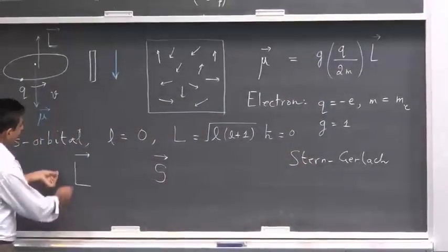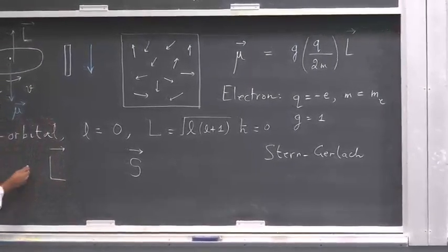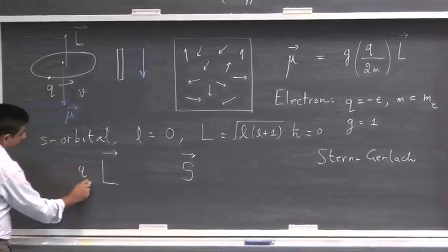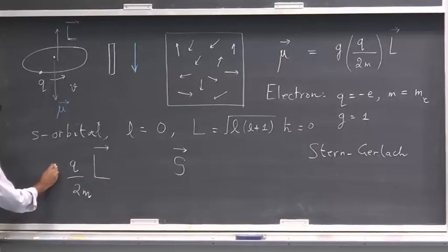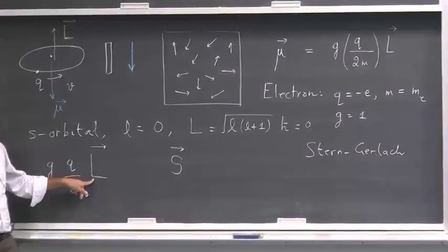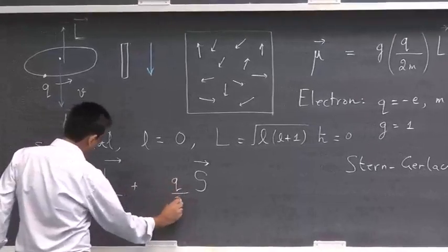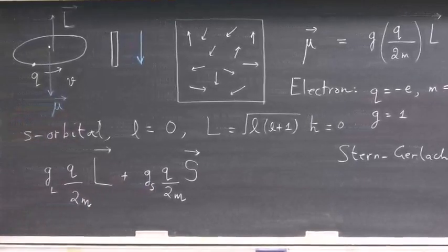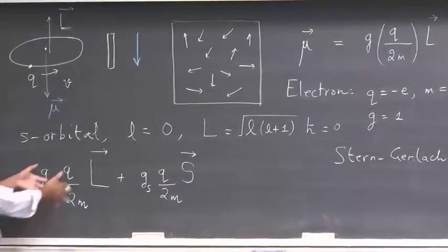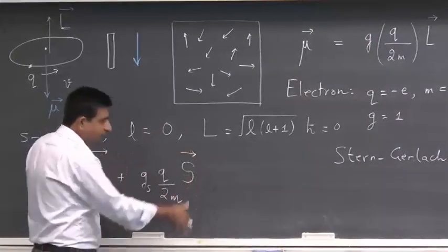So if you have an electron or a charge with an orbital angular momentum L, the magnetism associated with this object is going to be equal to g_L, the g factor associated with the electron's orbital angular momentum, times q over 2m times L, plus g_S times q over 2m times S. So this is a vector, a magnetic moment associated with the orbital motion and a magnetic moment associated with the spin.